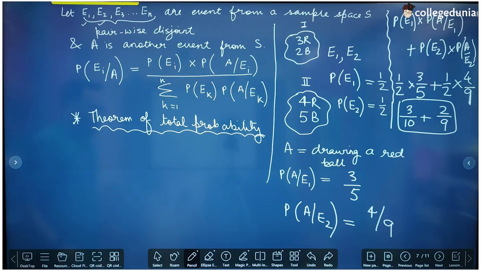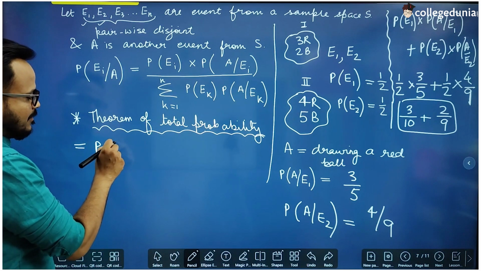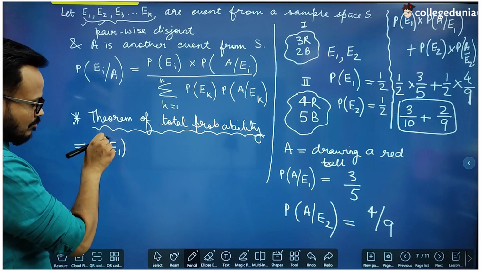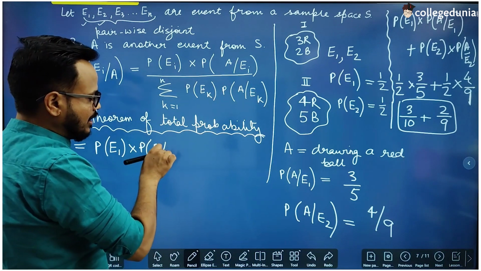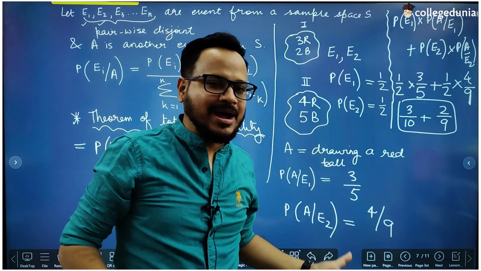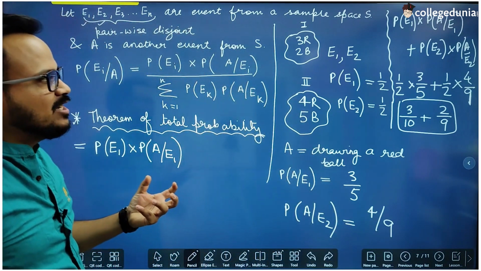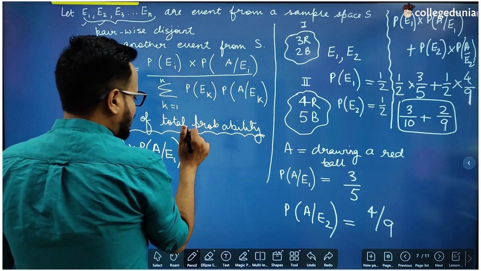So that is the theorem of total probability, that is P(E1) into P(A/E1). In this case we had just two bags or two possibilities of selecting the bags or selecting anything, whatever the situation is.